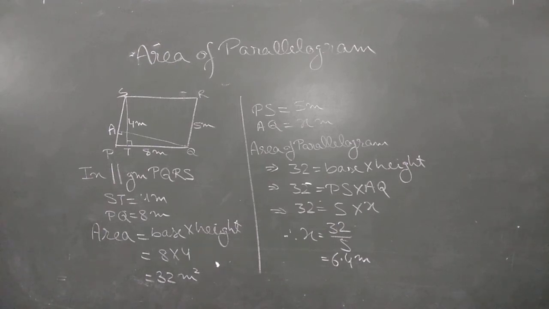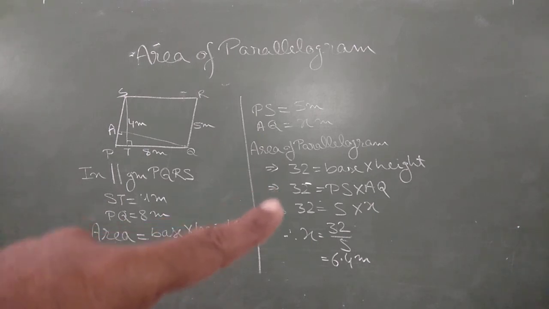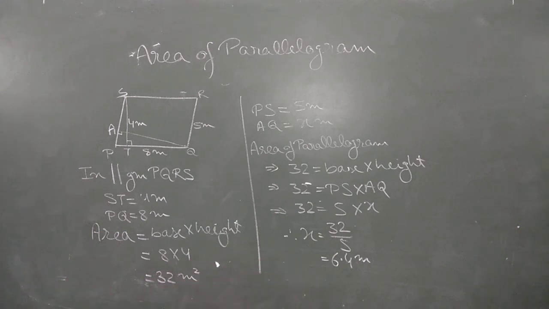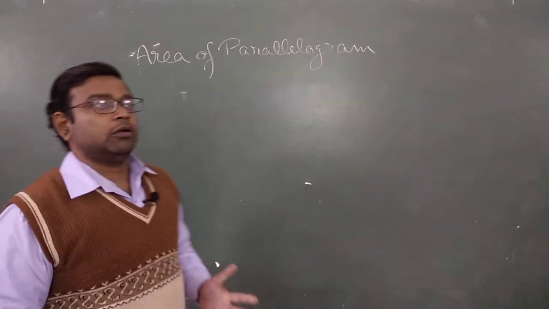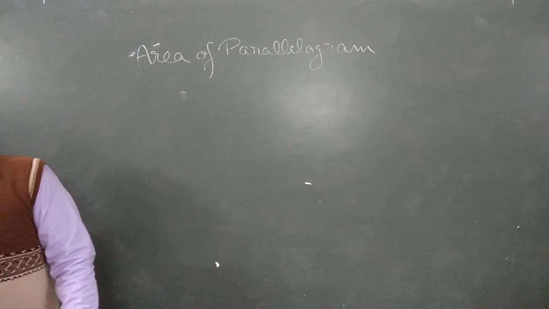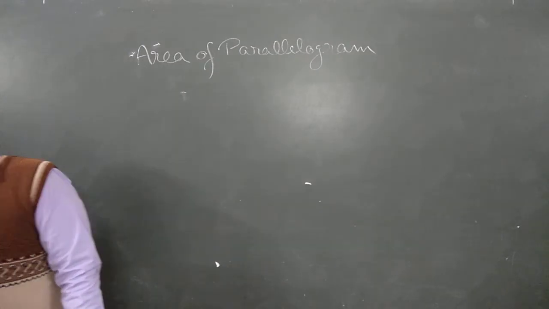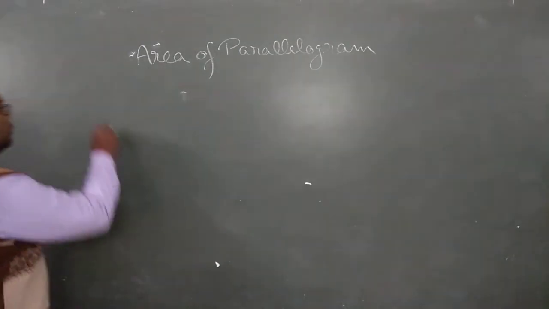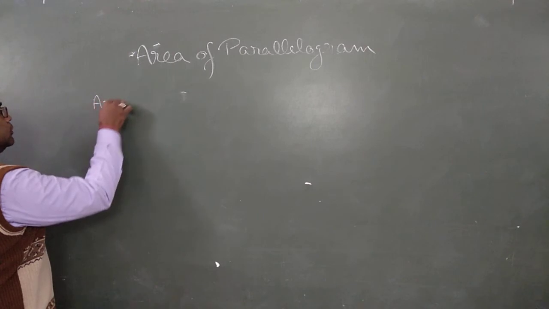Then we place this value, 32 meter square, here and find the value of X. Today's next question: it is given to us that area of parallelogram is 98 centimeter square, means area of parallelogram is given to you.